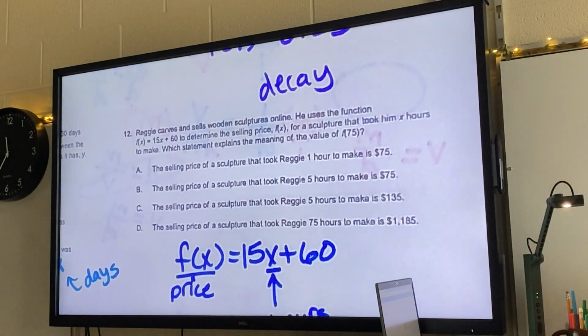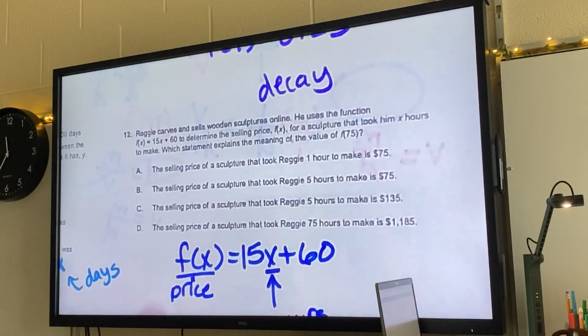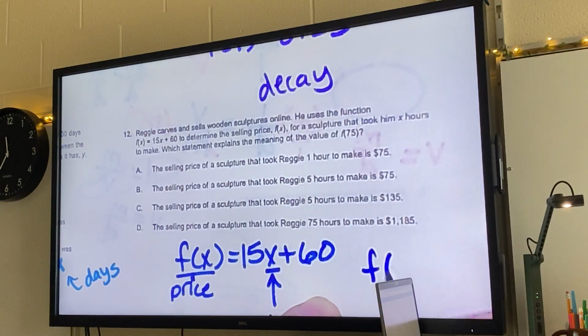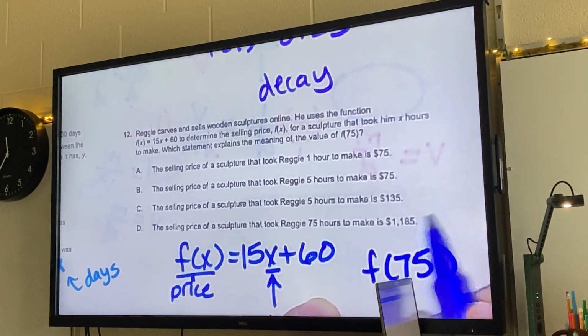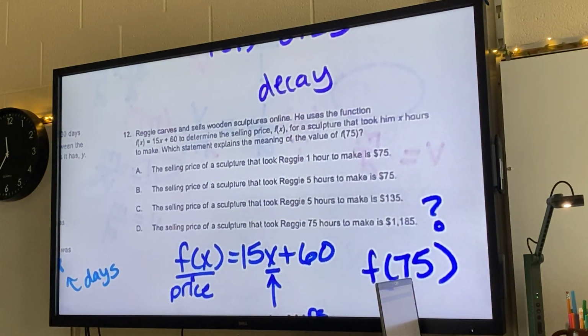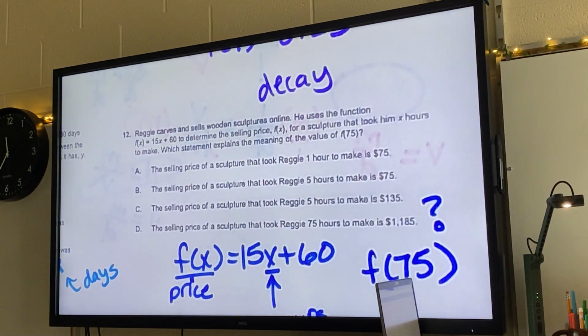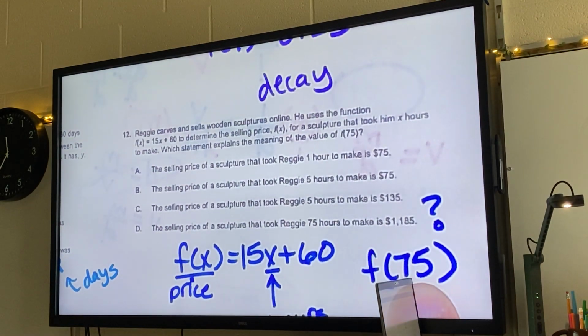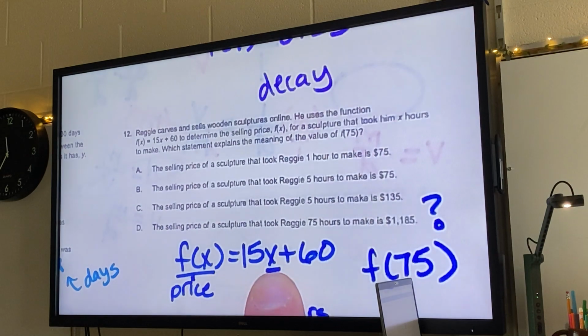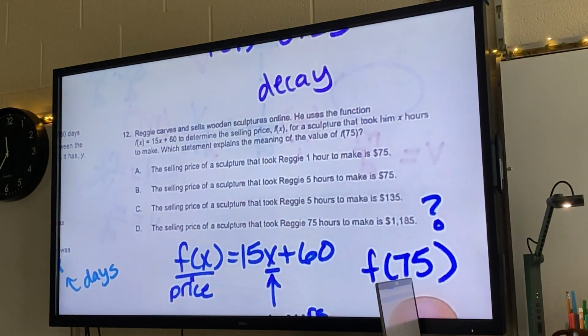Okay, so it says, what does f of 75 mean? They want to know, what does that mean? So we're plugging in 75 for x. So that means it took him how long? 75 hours to carve something.